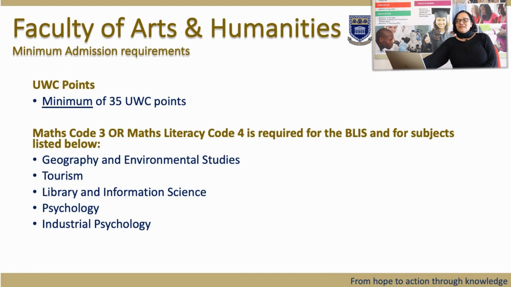Now, to get to the minimum admission requirements for the faculty. In terms of the APS, you need a minimum of 35 UWC points. I've already explained how to calculate those. In addition to that, you're looking at Maths Code 3 or Maths Literacy Code 4.